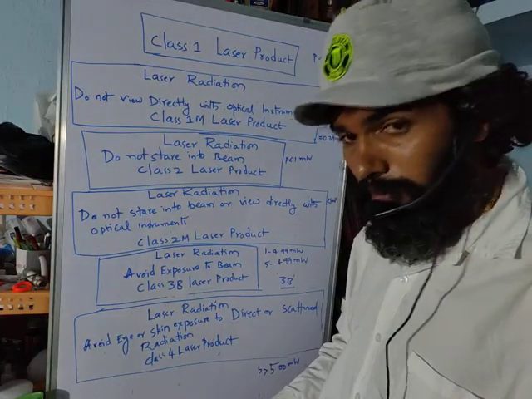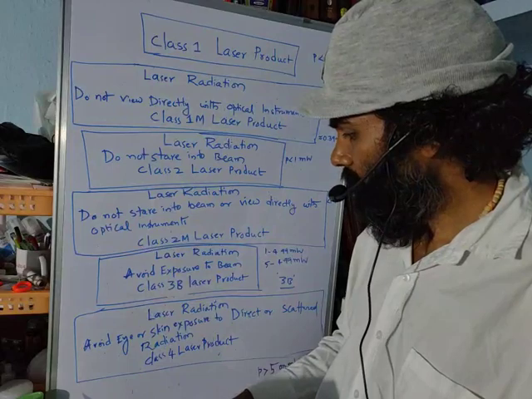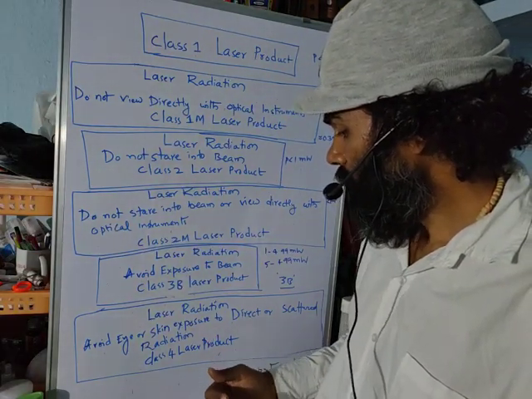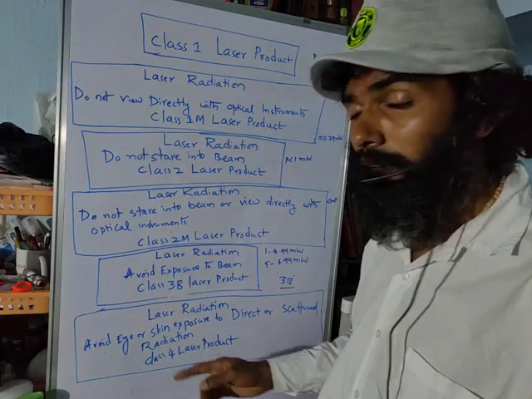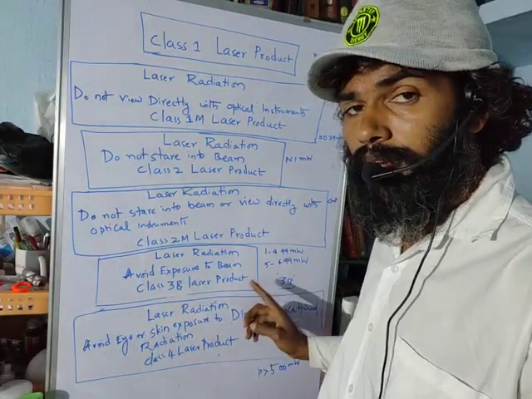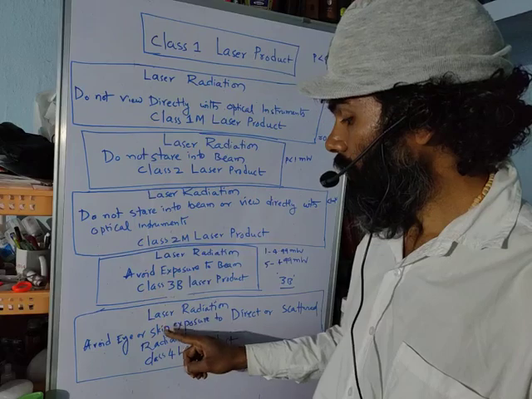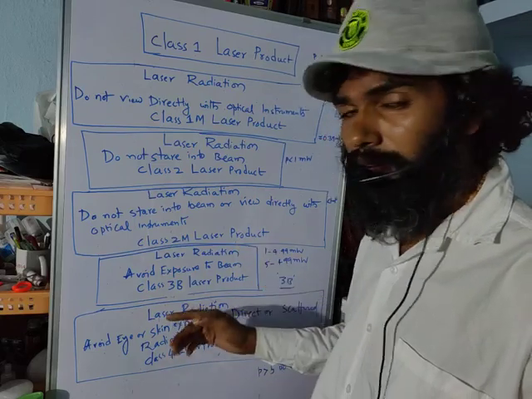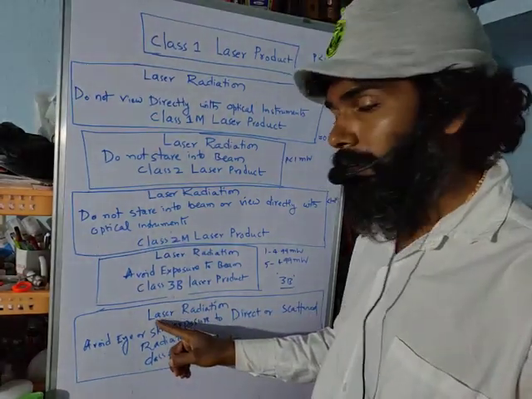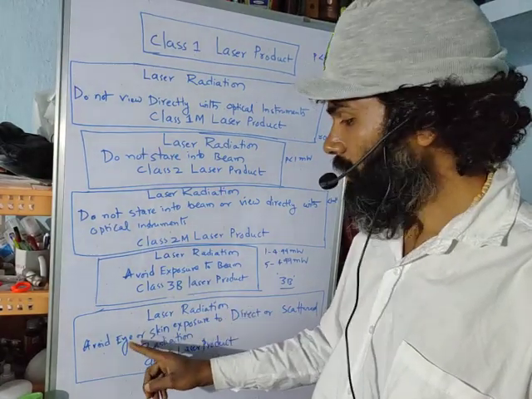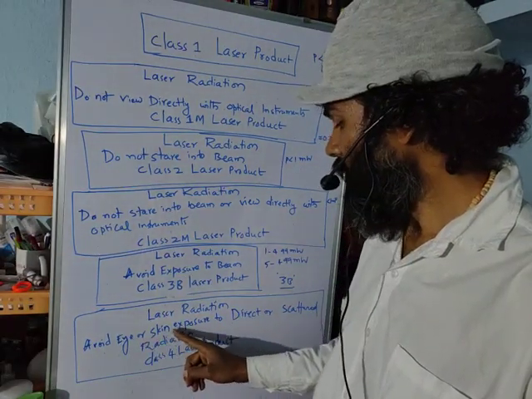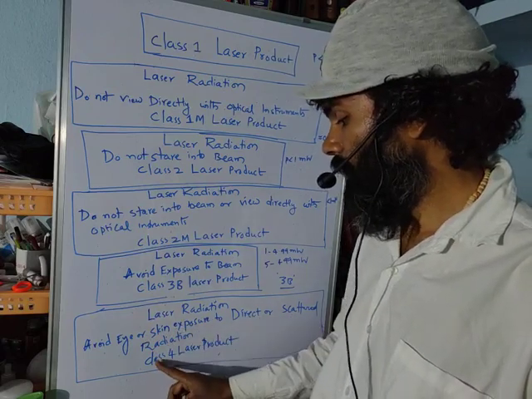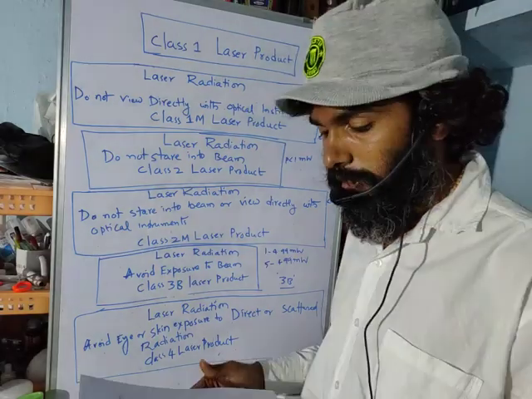I don't know whether you can see because I was holding my papers like this, but anyways, the last class of lasers is called class 4 lasers, and they will have the safety label like this with red lines reading laser radiation. The first one. The second line will be avoid eye or skin exposure to direct or scattered radiation, and the third line will be class 4 laser product.